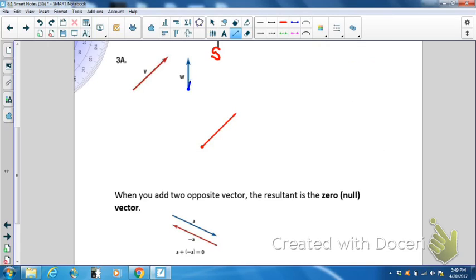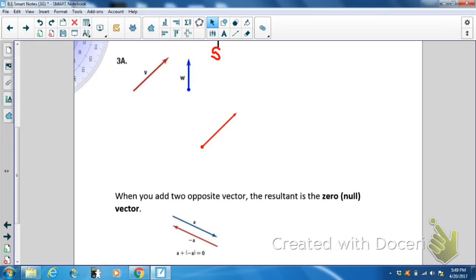Get some space to move. And when you do a parallelogram, you want to connect the initial points. So I am going to then complete my parallelogram.